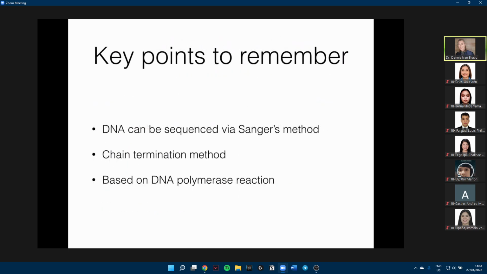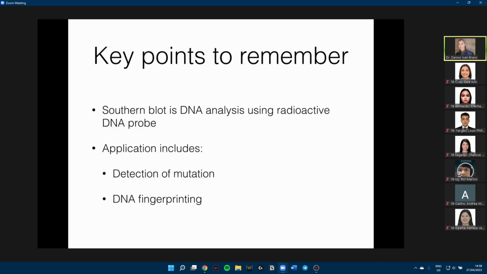All right, so let's just end the discussion with key points to remember. So DNA can be sequenced via Sanger's method, otherwise known as the chain termination method. And this is based on DNA polymerase reaction. So Southern blot is DNA analysis using radioactive DNA probe. What are its applications?